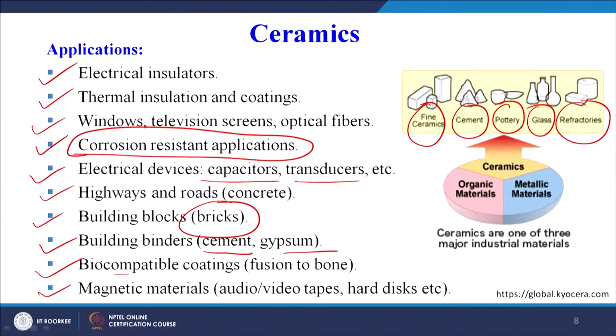They are used as magnetic materials, audio video tapes, hard disk. So, you can see the properties we have seen: corrosion resistance, poor thermal conductivity, low electrical conductivity, high compressive strength. All these properties lead to these specific applications.